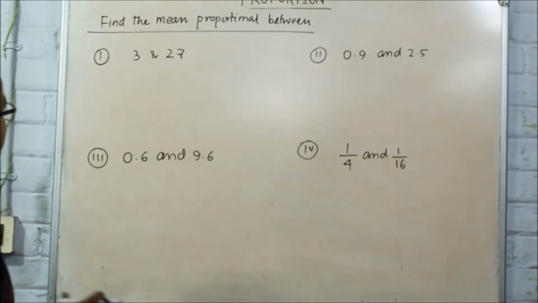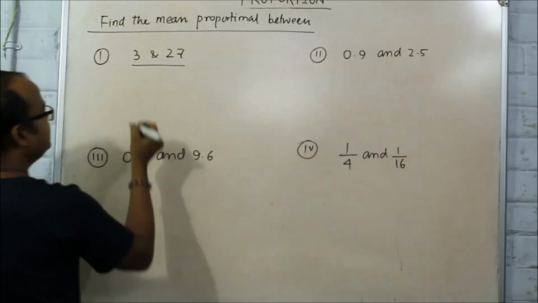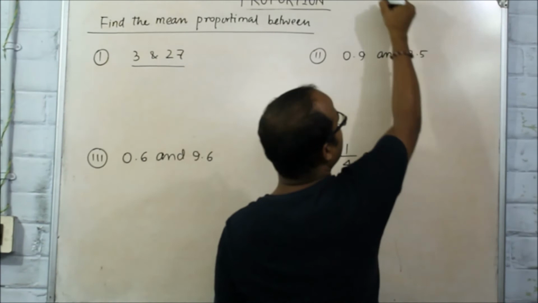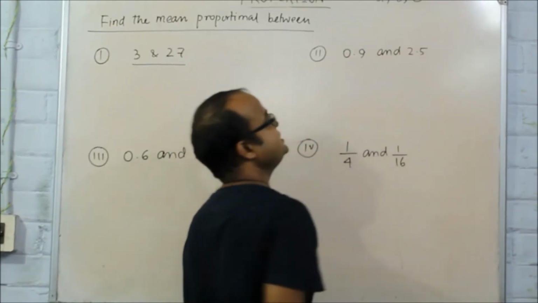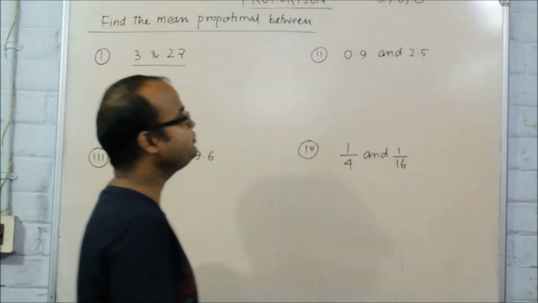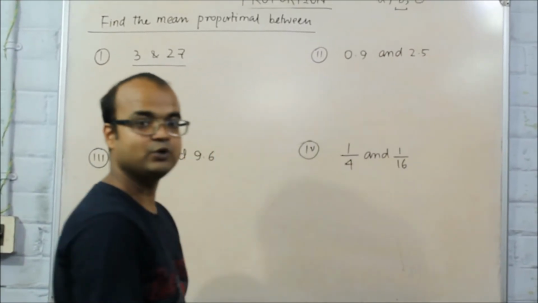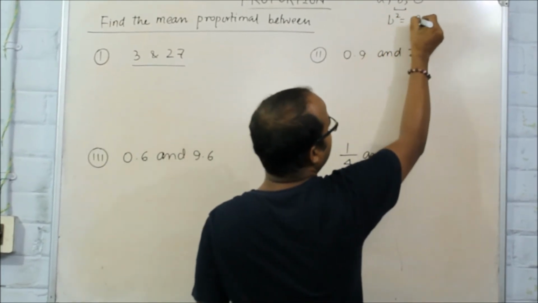Now, find the mean proportion between 3 and 27. So mean proportion means, if I recap the concept of continued proportion, we can say that if A, B, C are in continued proportion, then B is said to be the mean proportion. And what is the result? B square is equal to AC.